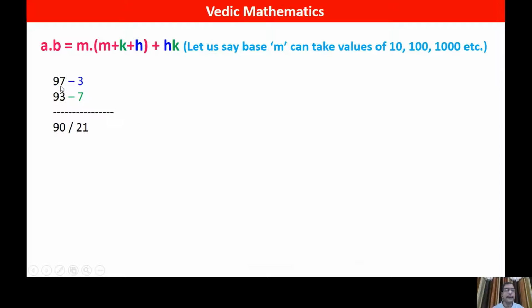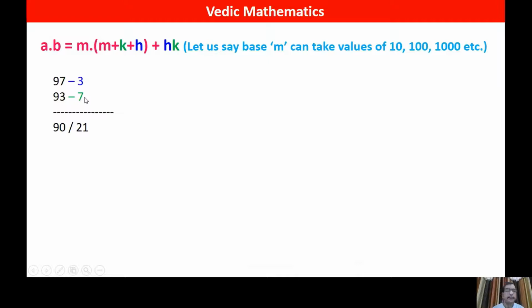We want to multiply 97 with 93. So what happens? 97 and 93 are very close to 100. 97 is 3 less than 100, so we put minus 3 here. And 93 is very close to 100 and is less by 7, so minus 7.